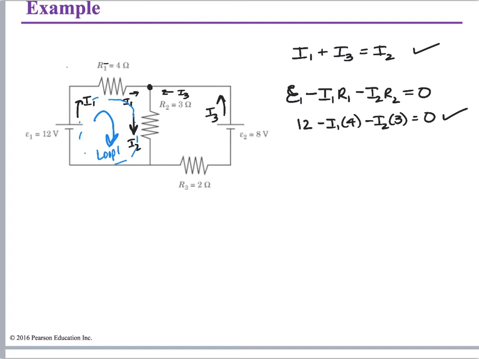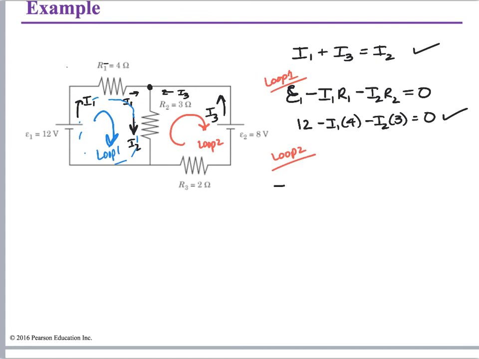And then I'm going to do another loop, and just for kicks, I'm going to go around this way because I want to show going through in different directions from currents. So this is loop 1, and now I do loop 2. I'm going to start at the battery again, but notice I chose to go clockwise.